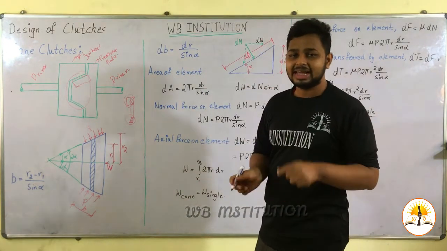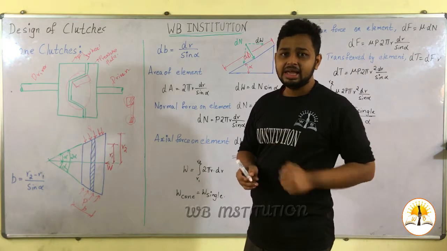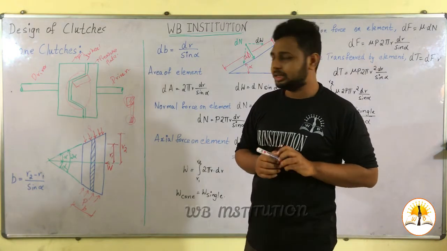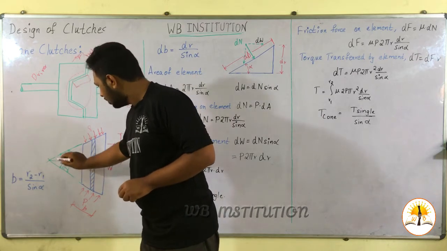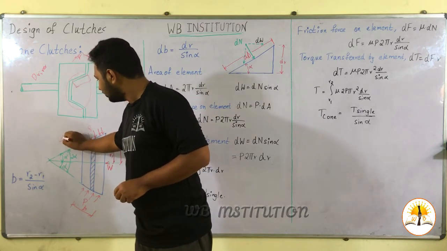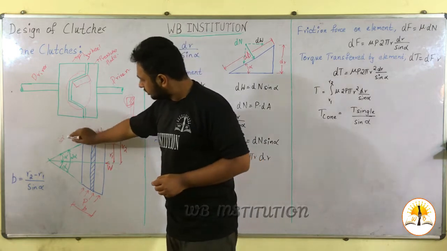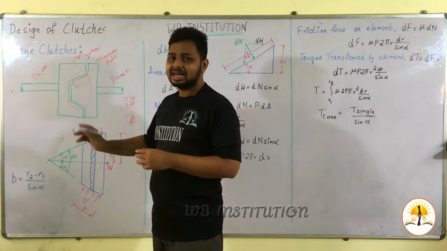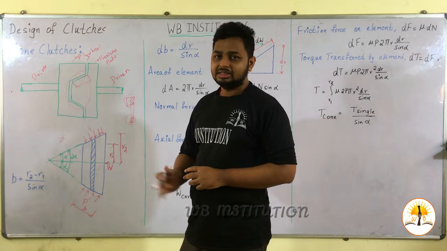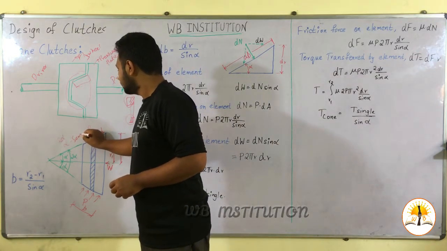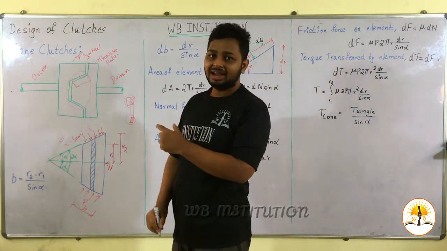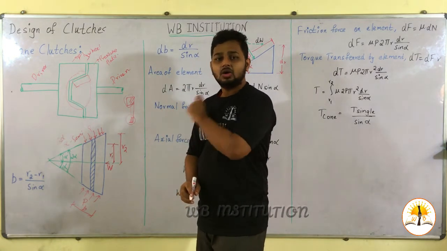In a similar way we will take a small element and solve the equations for W and T. This angle is known as the cone angle, which is 2 alpha. On each side it is divided, so alpha is given as the semi-cone angle.